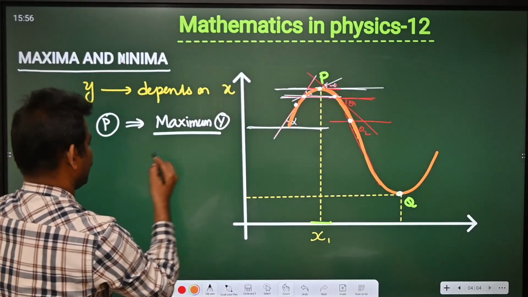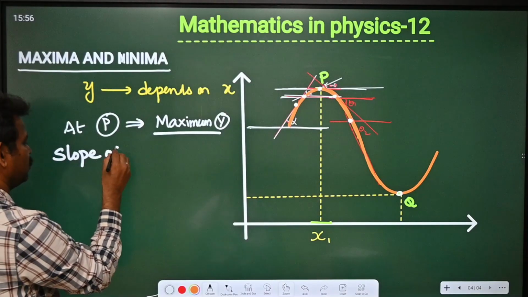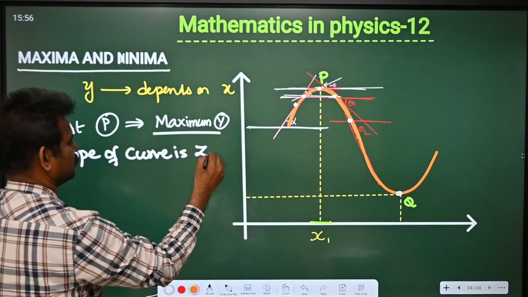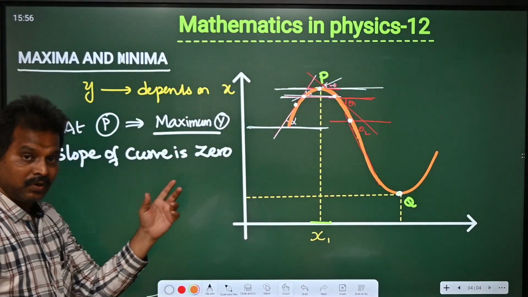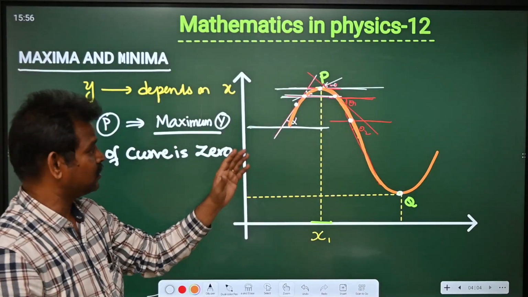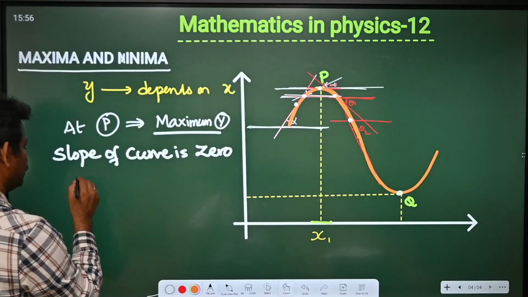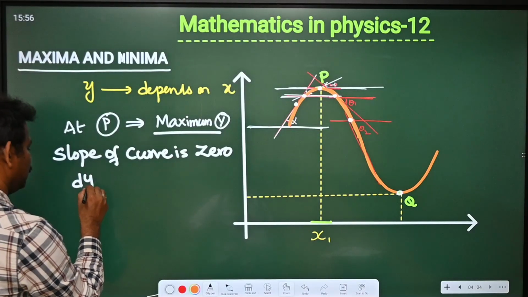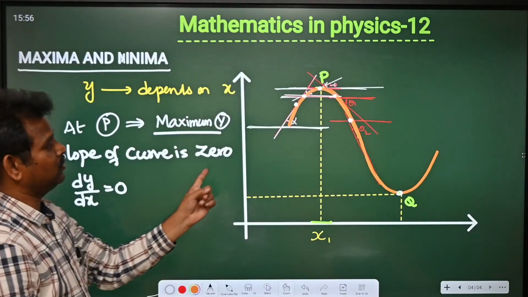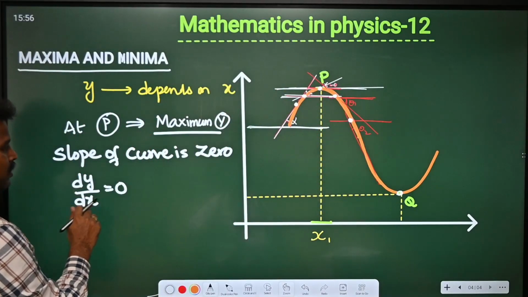So at the maxima, we are writing slope of curve is 0. Students, we have studied this. Slope of a curve is nothing but dy by dx. How is y changing with respect to x? So slope is nothing but dy by dx is equal to 0. So for this curve, at the maxima, slope is 0 or dy by dx is 0.